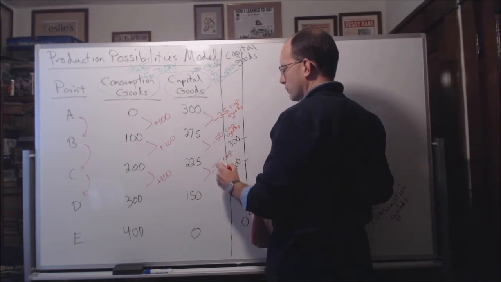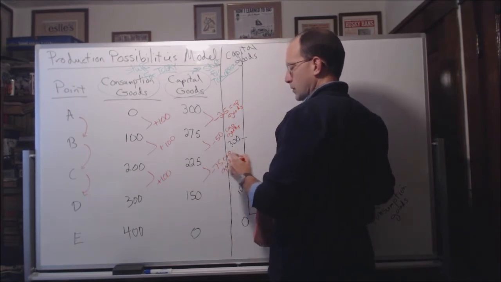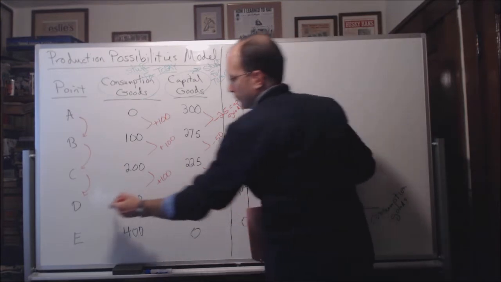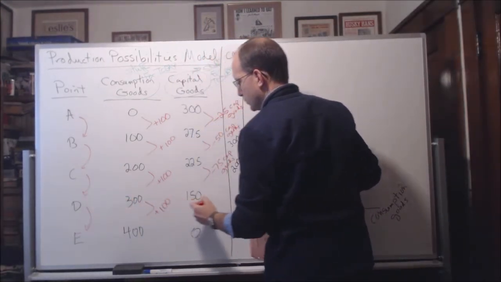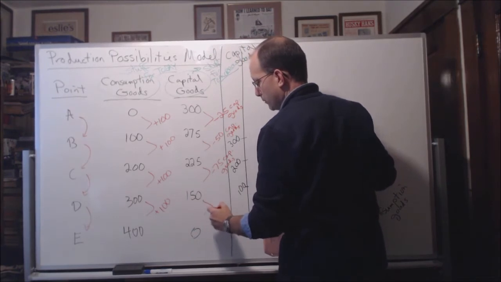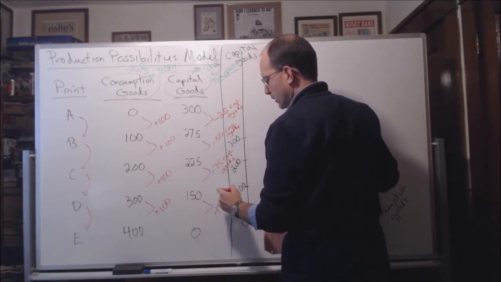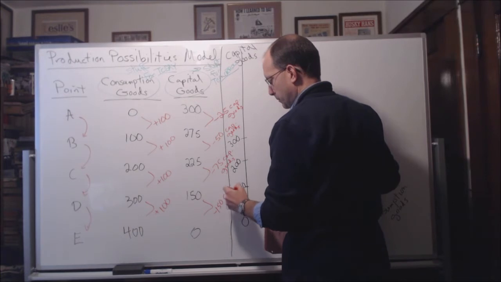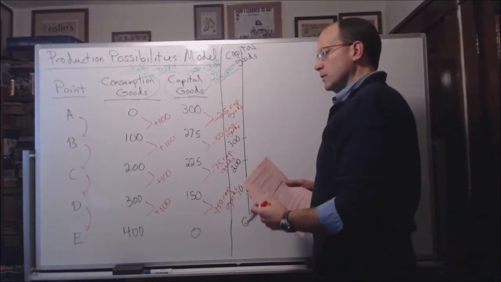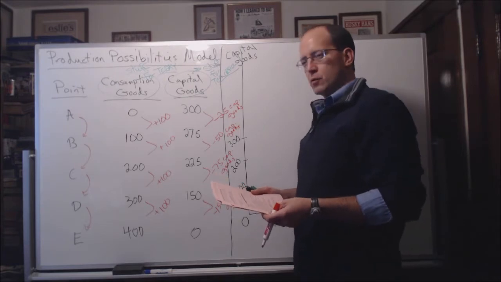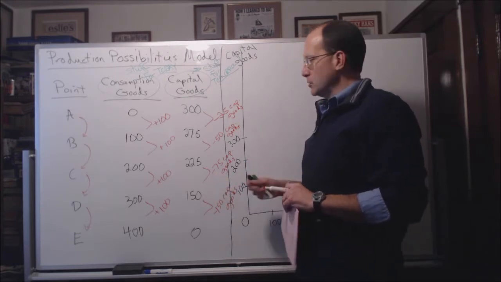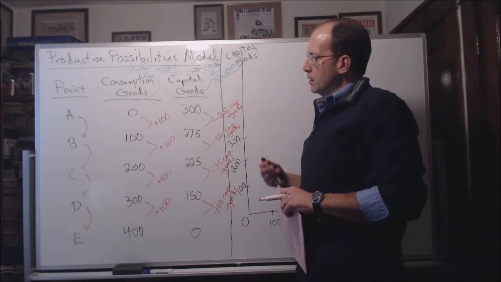Now it's 75 lost capital goods. And from D to E, the last of these questions, when you get 100 more consumption goods, you give up 150 more capital goods. Okay? So that clearly shows the trade-offs in a numeric specific sense in terms of the trade-offs, the opportunity costs.